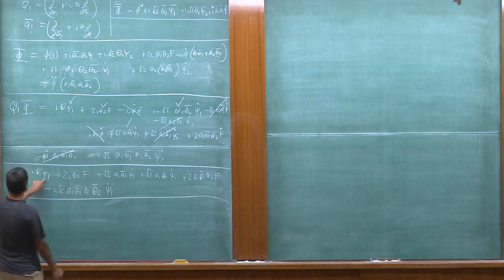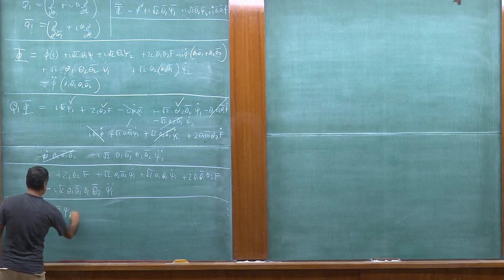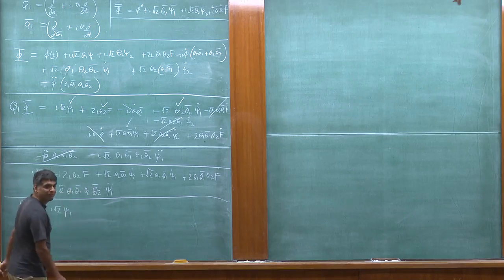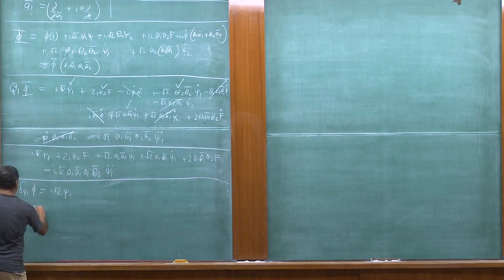So let's see. First, let's look at the term which is no theta. So we get delta q1 of phi is equal to I square root 2 psi 1. Right? Then let's look at the term which was theta 1. It's 0. Okay? So we get delta q1 of psi 1 is equal to 0.